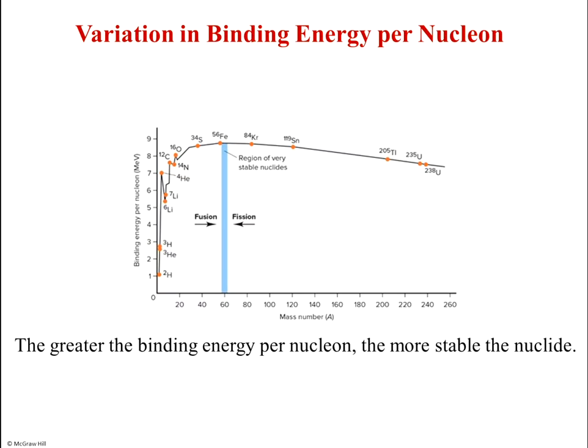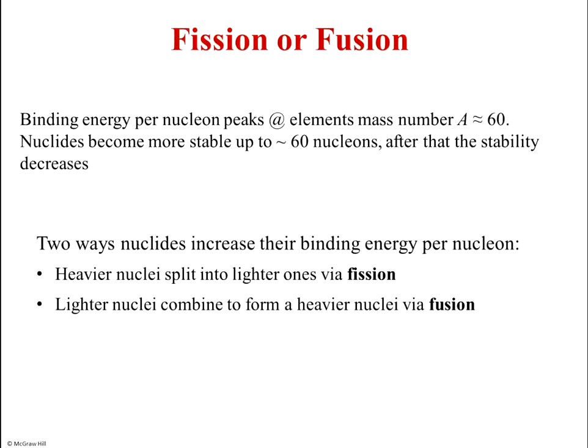Ones that are lower in mass number tend to combine by fusion to form more stable nuclides. And those that are larger tend to spontaneously fall apart by a process we'll call fission in a moment. So, fission or fusion.